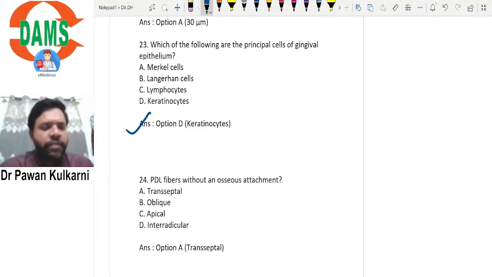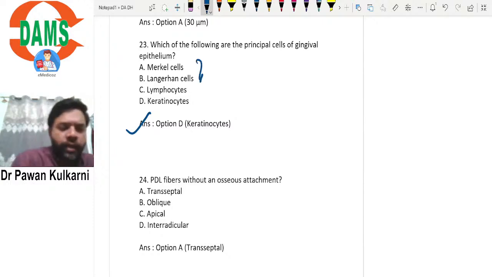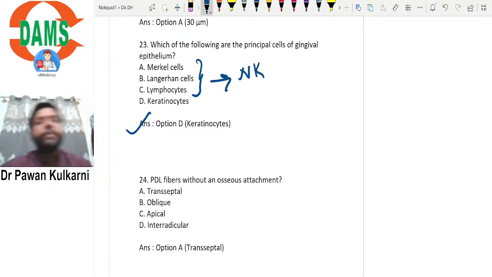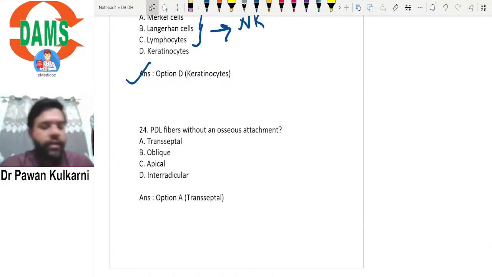Lymphocytes, Langerhans cells, Merkel cells, options A, B, C, are all non-keratinocytes. They are not the principal cells of gingival epithelium. The principal cells are keratinocytes. That is what you have to remember.